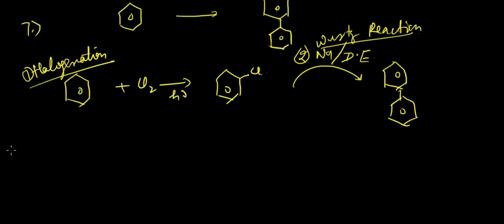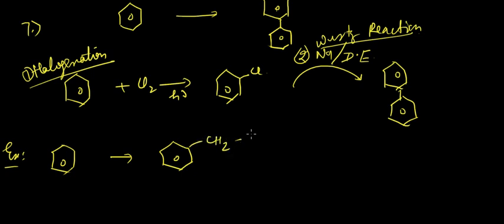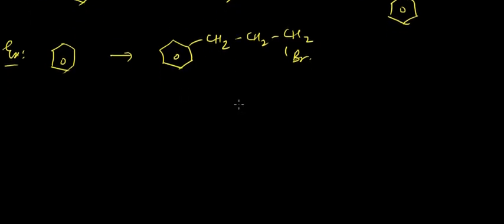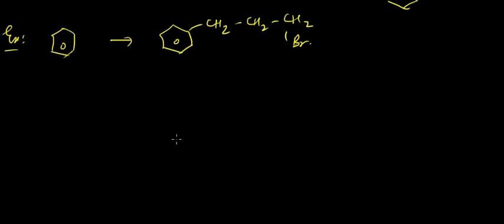Now let's take this example where we have a phenyl ring or benzene ring, and this is the reactant, sorry, this is the substrate, and this is the product. So you have to tell how this product is formed from this reactant. First, we should have 3 carbon attached to this carbon in benzene ring, right?